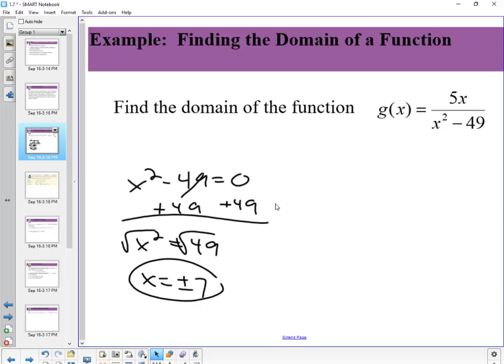So, the denominator will be 0 when the value of x is a positive or a negative 7. Which means, pretty much, I can just about pick anything except for 7 or negative 7. So for your domain, you can say, I don't know, x such that x cannot equal plus or minus 7. That'll work.